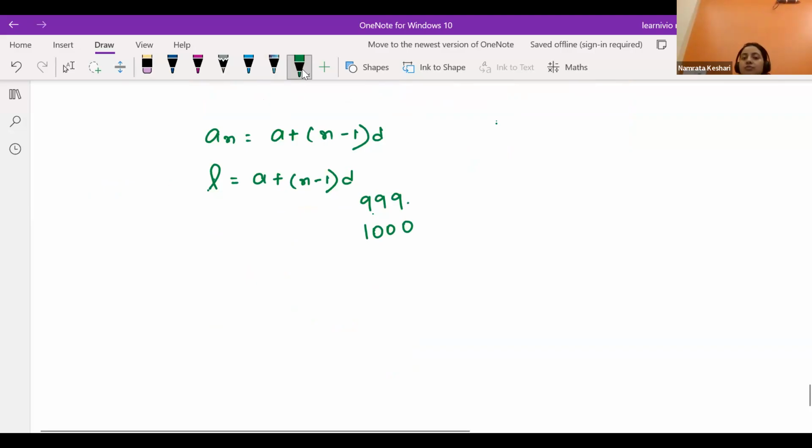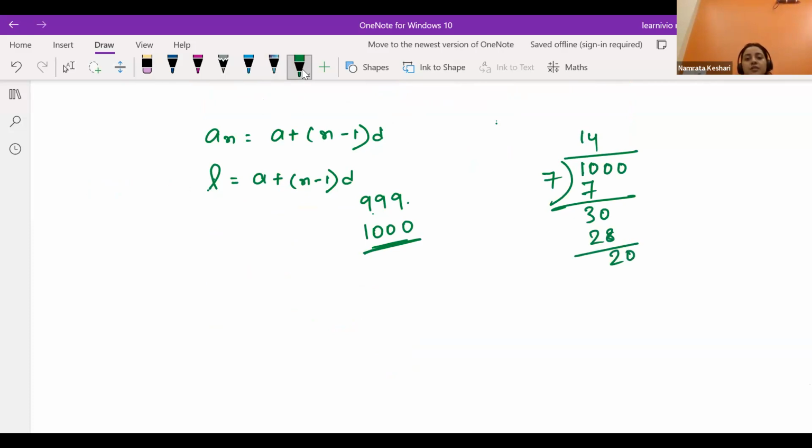1000, ये पहला 4-digit नंबर है. अगर इसे 7 से डिवाइड करें तो क्या मिलता है? 7 1 times 7, 7 4 times 28, 7 2 times 14, remainder 6. ये 6 एक्स्ट्रा. अगर यहाँ से ये 6 माइनस कर दें तो जस्ट लास्ट वाला 3-digit नंबर मिल जाएगा या नहीं, जो 7 से डिविजिबल होगा.